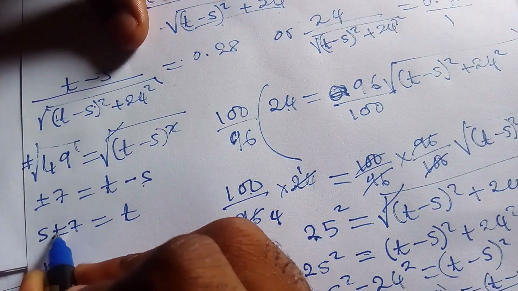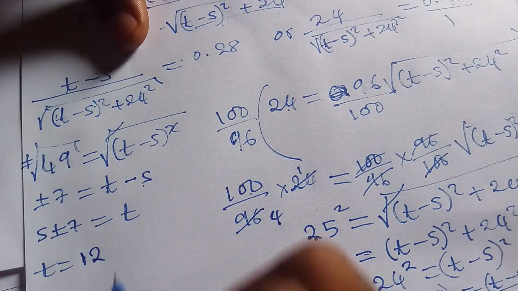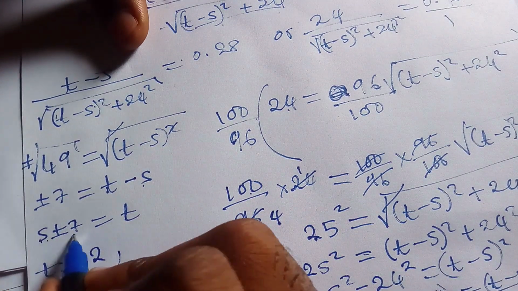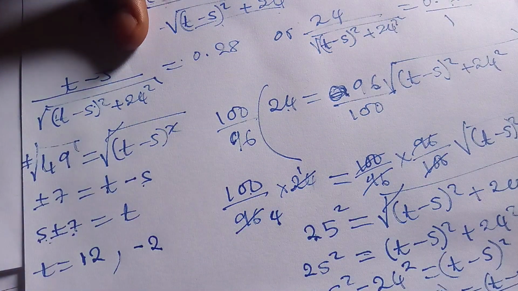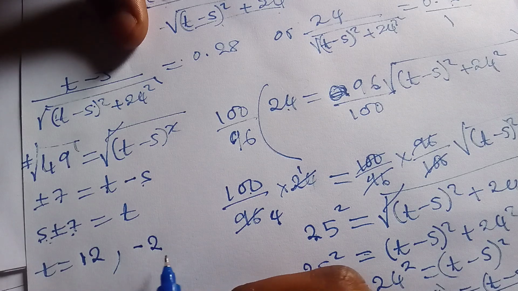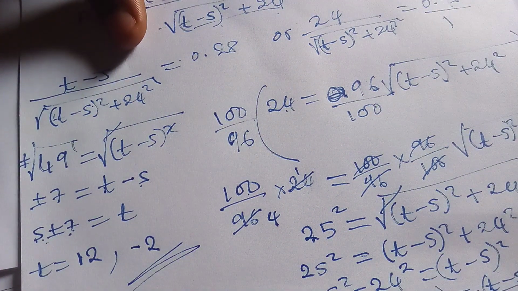So when we take the positive one, we have 5 plus 7, this one will be 12. Then when we take the negative, this will be 5 minus 7, so this will give us negative 2. So t is either equal to negative 2 or 12. And this solves the problem.